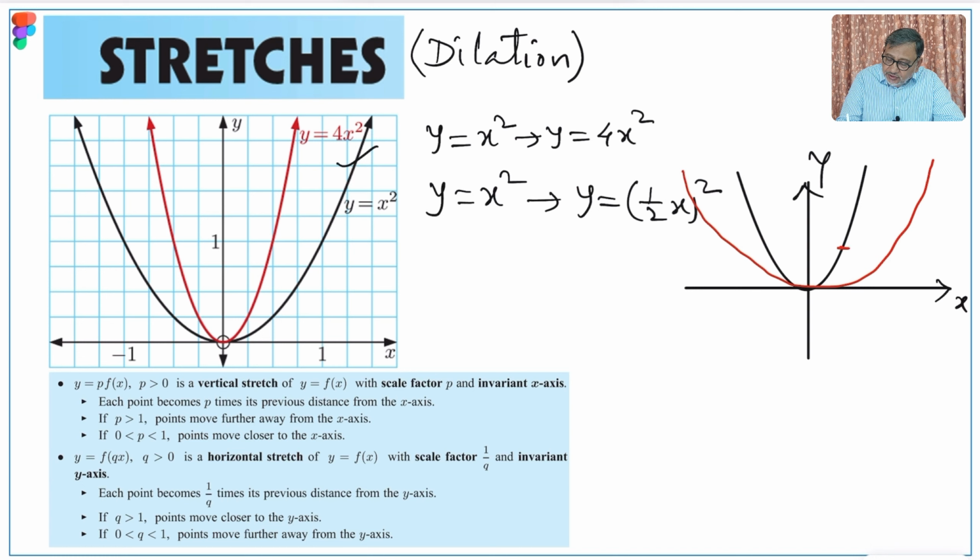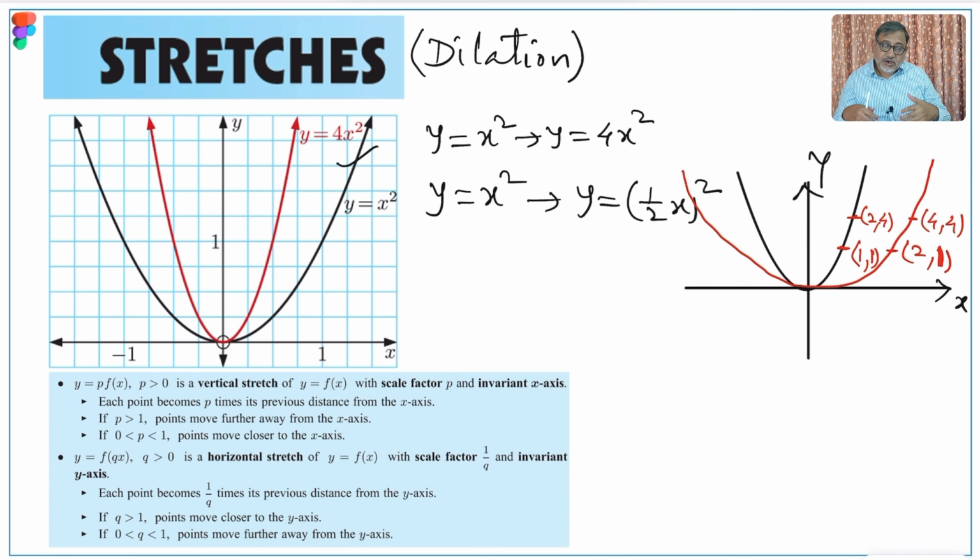So suppose your point here was 1 and 1, then by half it will become 2 and 1. Suppose your point here was 2 and 4, then it will become 4 and 4. So the y coordinate remains invariant, it will not change, right, for the stretch away from the y-axis.